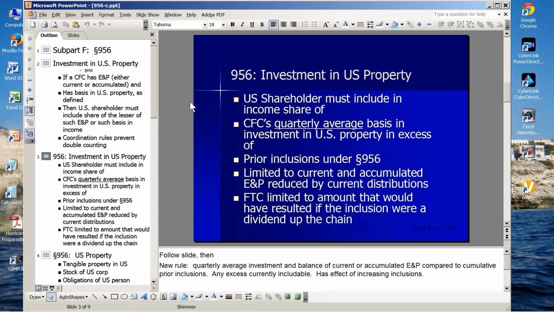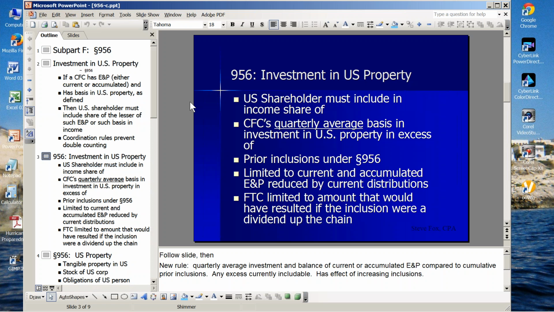It's the average of the 4 quarter-end balances. This amount is computed in the CFC's functional currency. For the inclusion, it has to be translated to dollars.